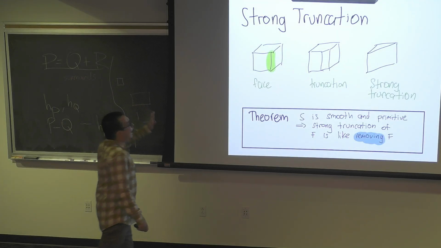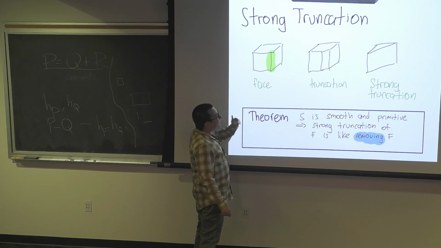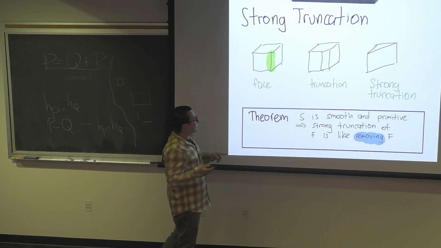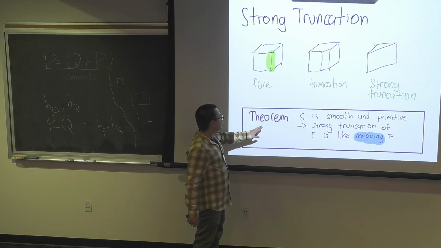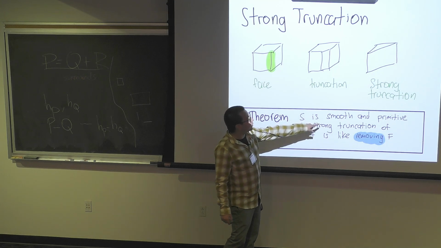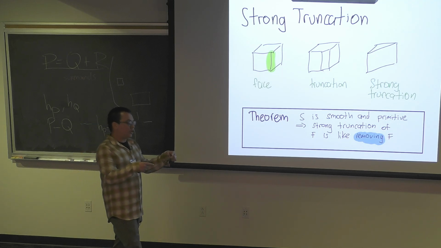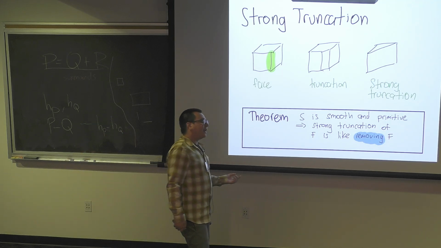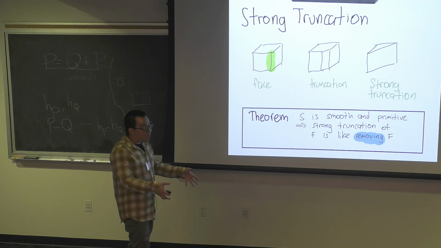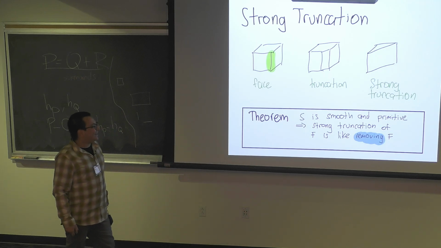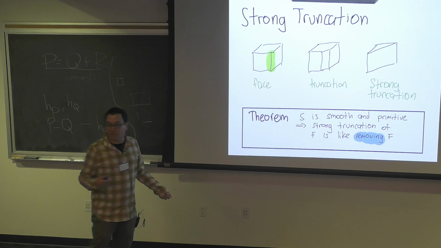Okay. By the way, going back to the question of Bennett related, when the polytope is smooth and primitive, so smooth was defined by Lewis, and primitive means that you are smooth, but also all of the edges have the same length. So all of them 1 or 2 or 3. Then this strong truncation is like removing the face.